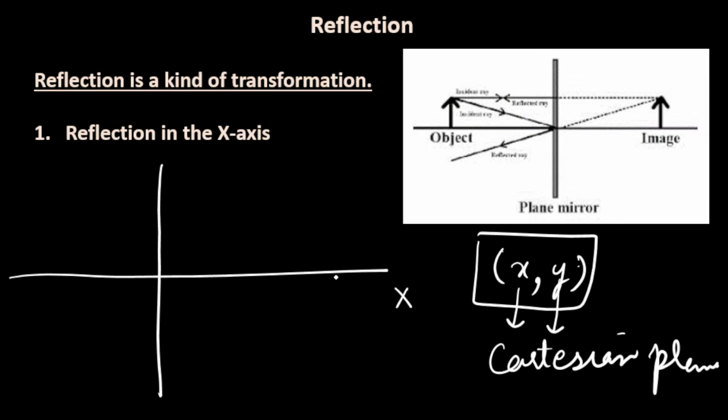Here the horizontal line is the x-axis and the vertical line is the y-axis. Here we have positive values of x. The point of intersection is the origin, where the x and y axes are intersecting.